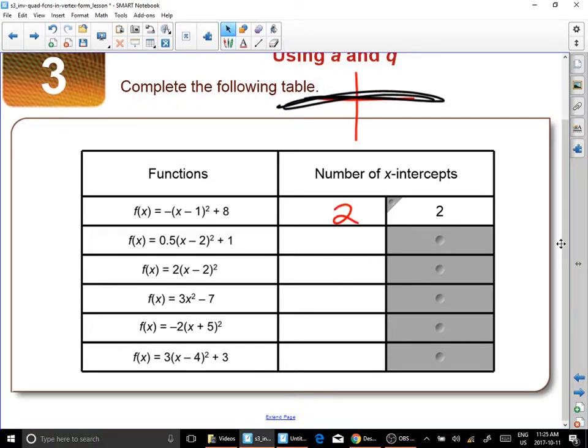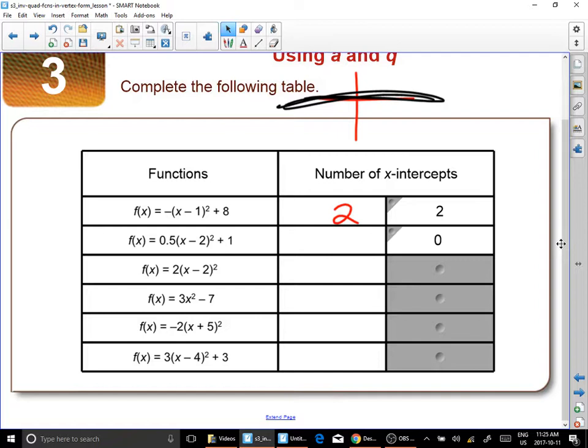Cool. Okay, next one. What's the vertex of this quadratic function? And we're pointing up or down. So how many x-intercepts will there be? Correct.